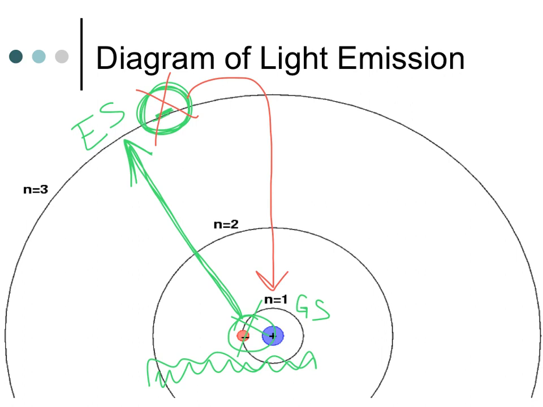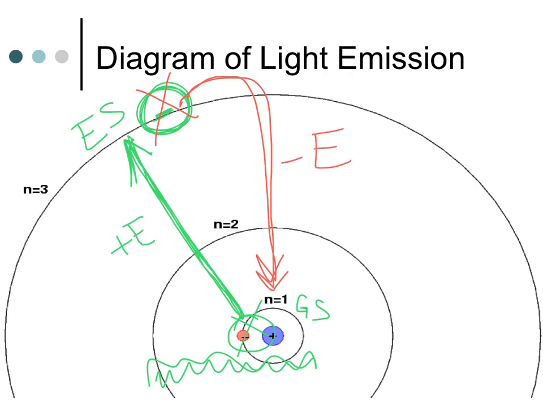Now let's think about the energy during all of this. In order for the electron to go from the ground state to the excited state, it would have to go from low energy to high energy. So in order to go from low to high energy, there would need to be an input of energy, hence the absorption spectrum. But as it goes from the high energy to the low energy, it would need to lose energy.